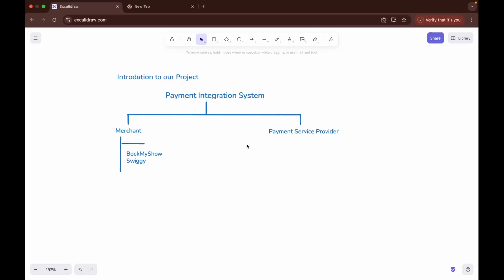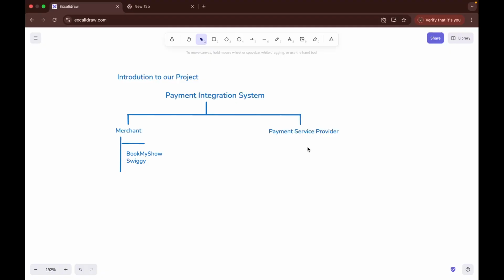So what about the PSP, the payment service provider? Our PSP system connects to banks, through providers like Trustly and Razorpay.